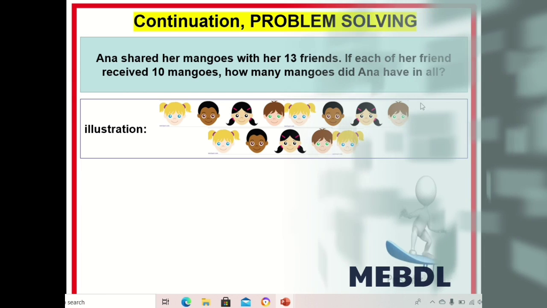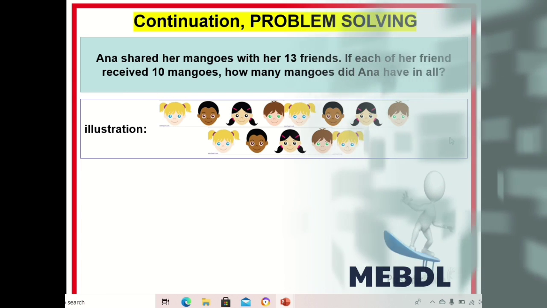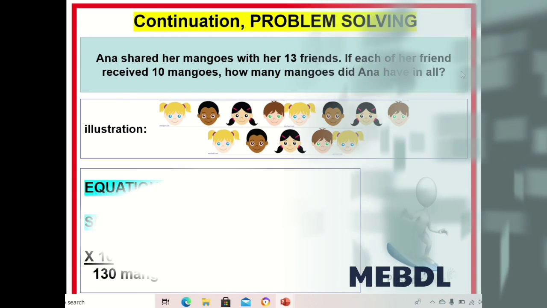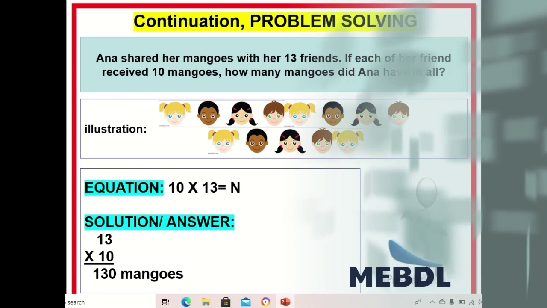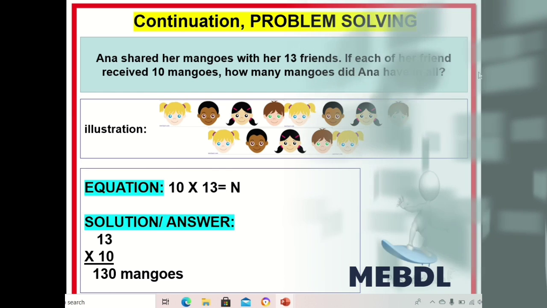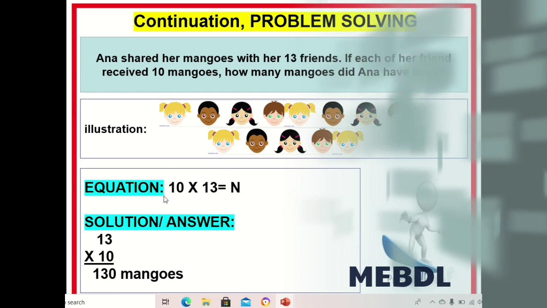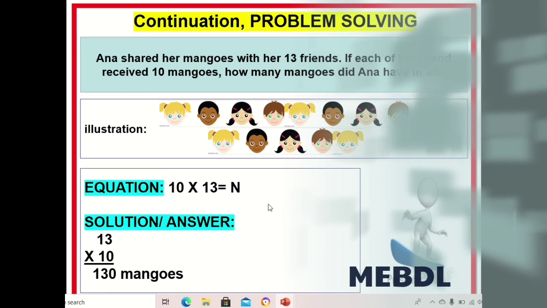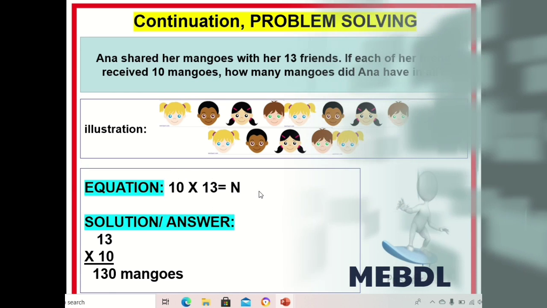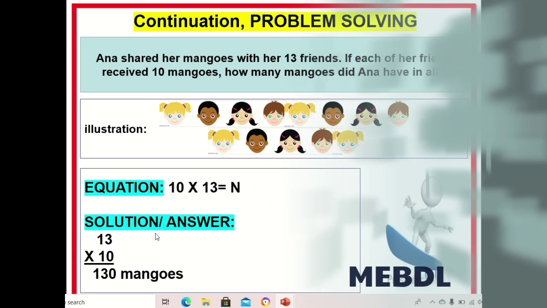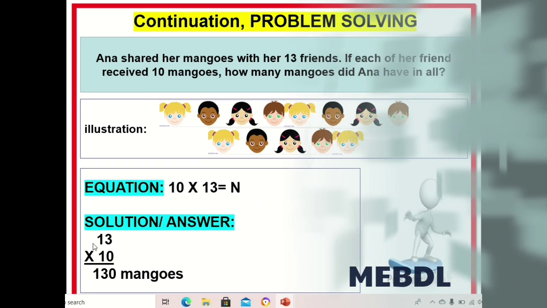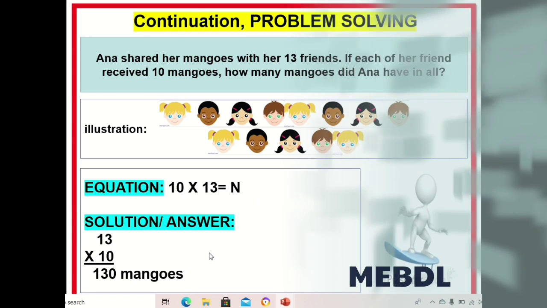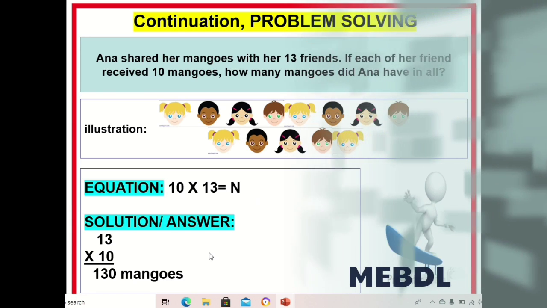By doing this, you will have a clear picture of what equation you're going to use. So for the equation, I have 13, 10 mangoes. So 10 times 13 is equal to n. Then perform the indicated operations. Solution and answer: 13 times 10 is equal to 130 mangoes.